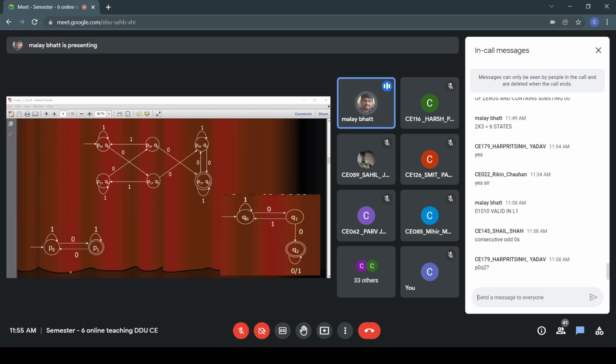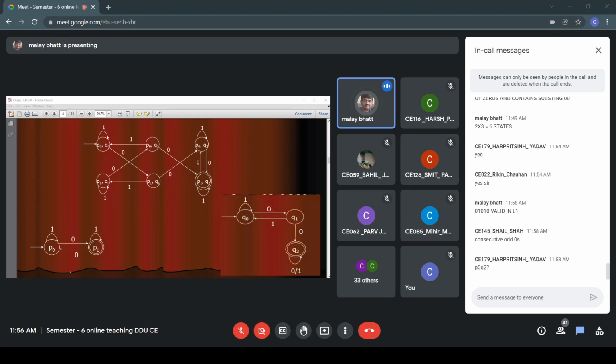It is valid in the first automata. So if you start from the first symbol, which is a 0, from the initial state, which is the initial state? P0 Q0. Right?